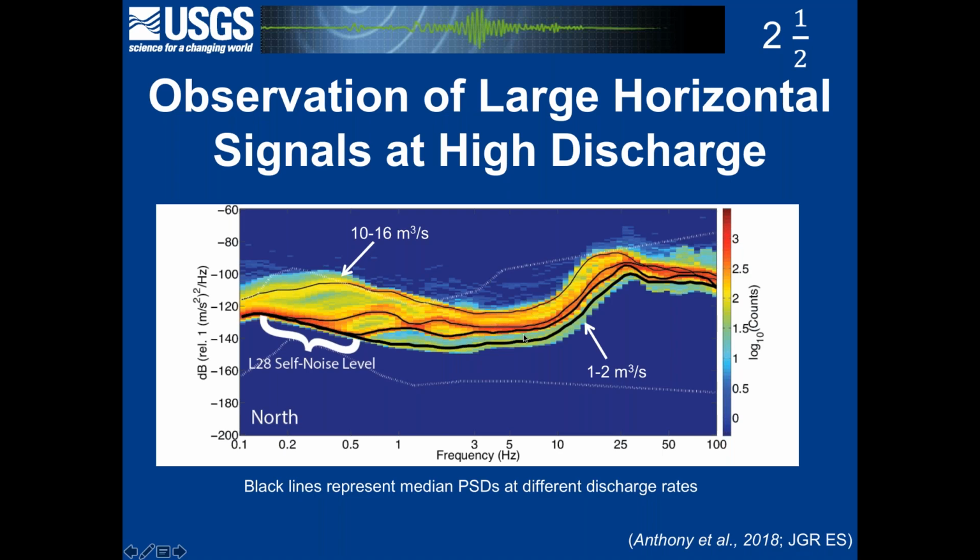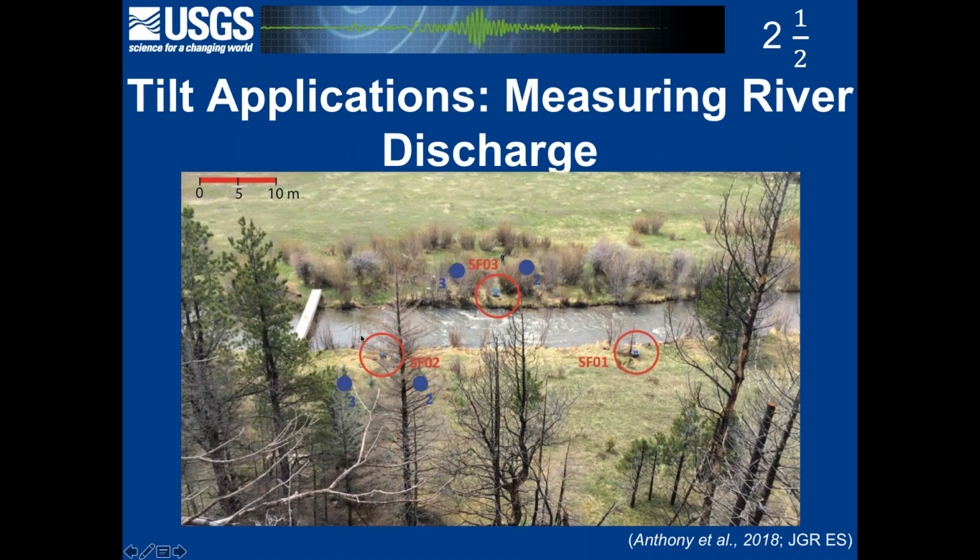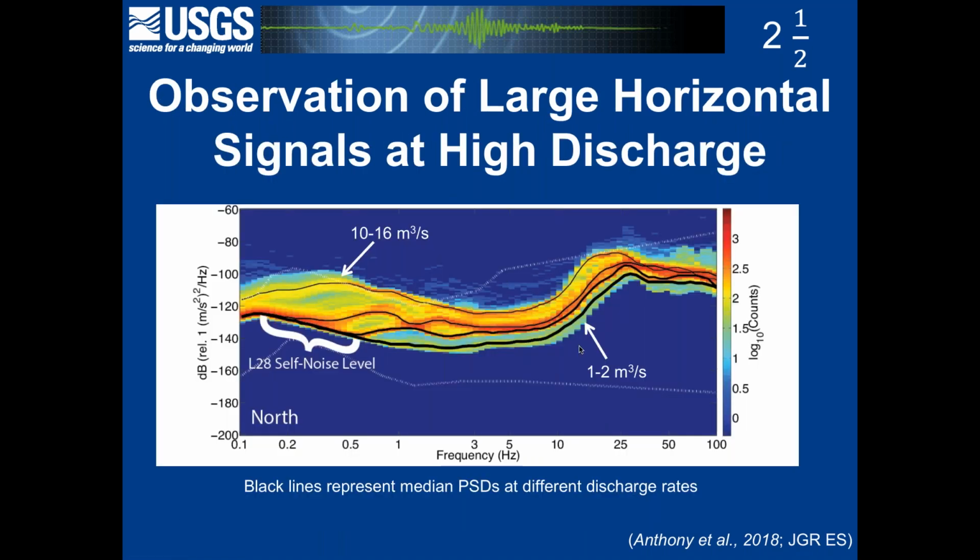We're going to use this signal, which we found is a tilt signal because it's so high energy and it was so different between those sensors that were just located 15 meters apart, using that same argument that we used for Max's observations, that these are tilt signals being generated by the river. And this is where self-noise almost bit me: what you're seeing here is just the self-noise of the L28 geophone.